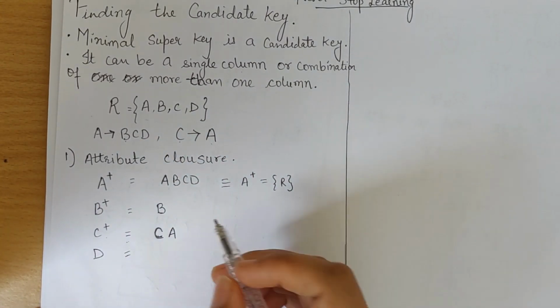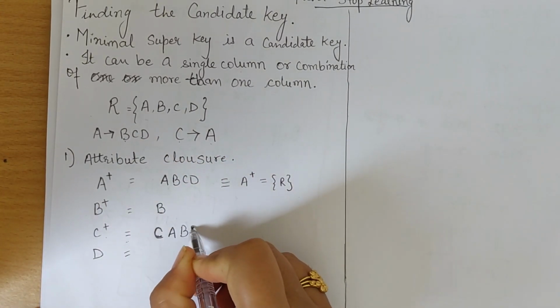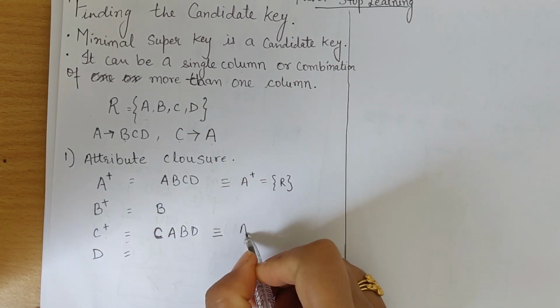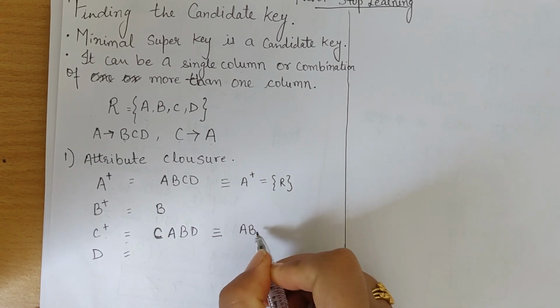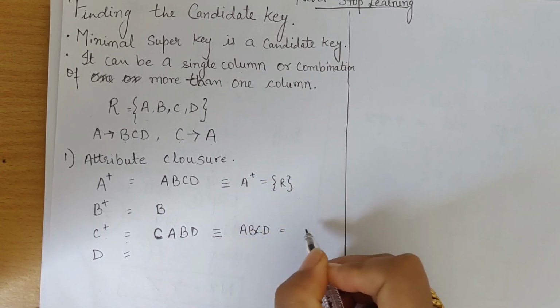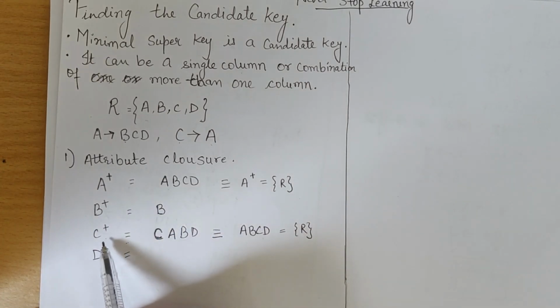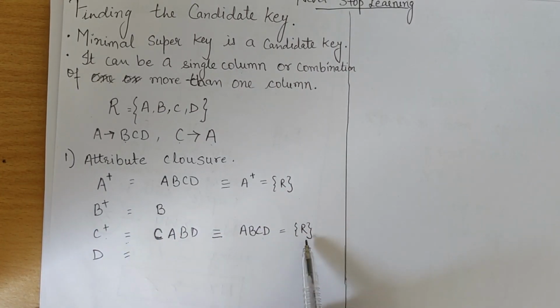C and A are already there, so I only have to write B and D. So I can write that the closure of C is ABCD, which is nothing but my entire relation R. So C also has the power to determine the entire relation R.